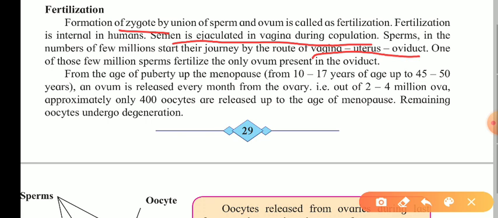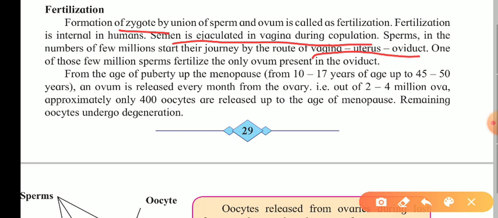From the age of puberty, from 10 to 17 years, up to menopause at 45 to 50 years, an ovum is released every month from the ovary. Of the 2 to 4 million ova, approximately only 400 oocytes are released up to the age of menopause.